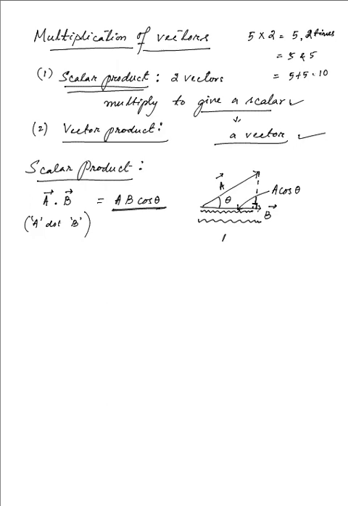So we have A cos theta along the direction of B. So A cos theta multiplied with the magnitude of B, what we have is AB cos theta, which is what we have mentioned over here.